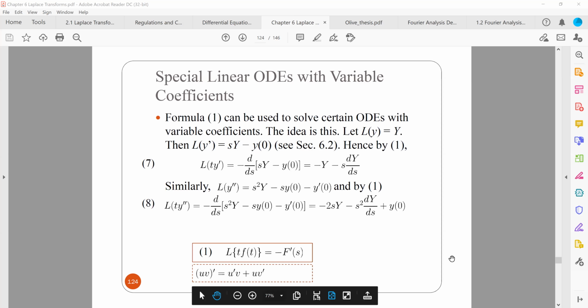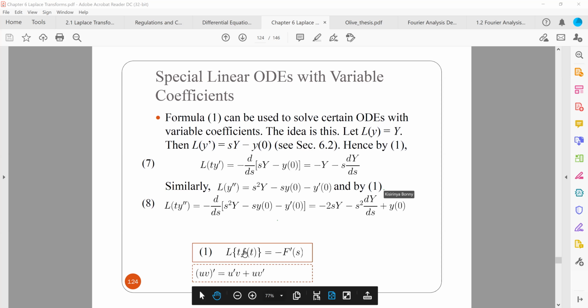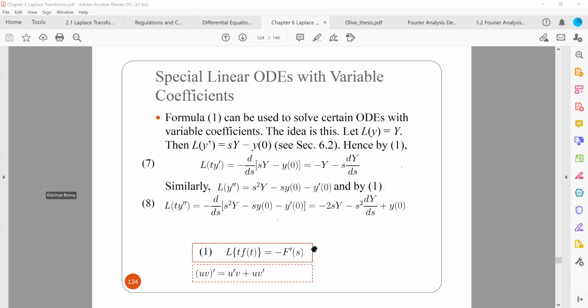Okay. So that formula that we have, the one for differentiation, this one, can be used to solve certain types of ordinary differential equations with variable coefficients.